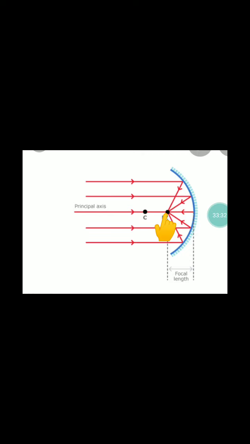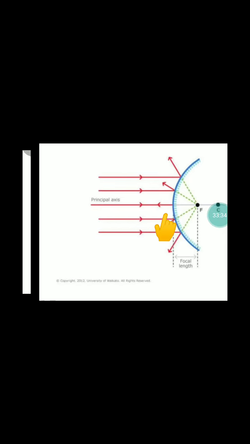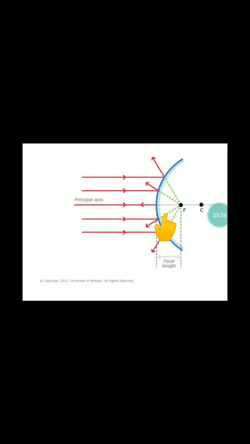And usually a concave mirror is called a converging mirror. But in the case of convex mirror, the light is diverged. Here it is incident, after that it is diverged, and it appears to come from this point. All the rays like this are incident and diverged.